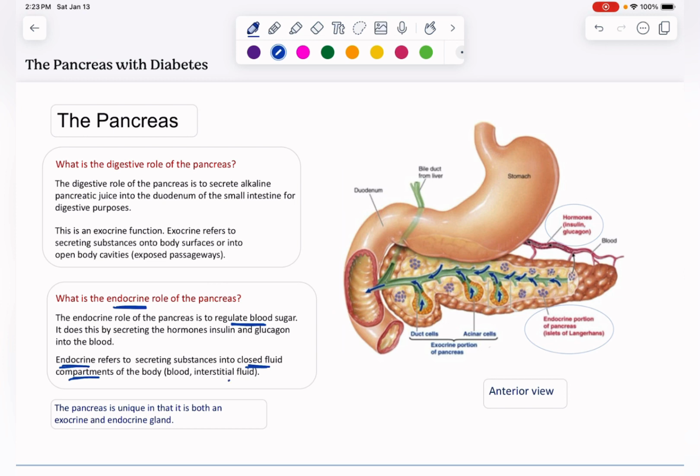So the interstitial fluid in between the cells, or in this case, into the blood. When chemical messengers, when hormones are released into the blood, that's considered an endocrine function. And so the pancreas is going to regulate blood sugar by secreting the hormones insulin and glucagon into the blood.